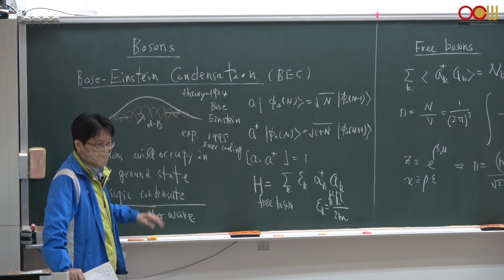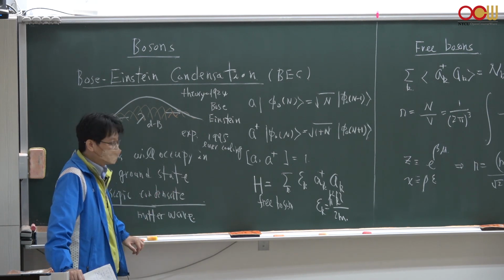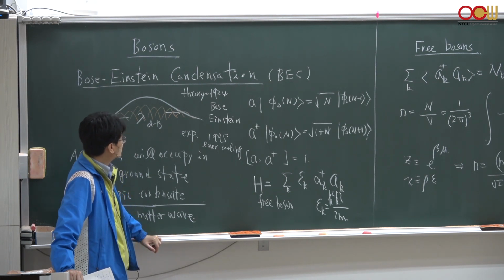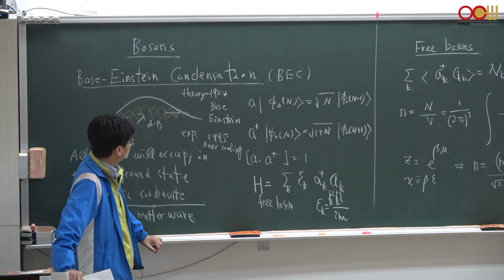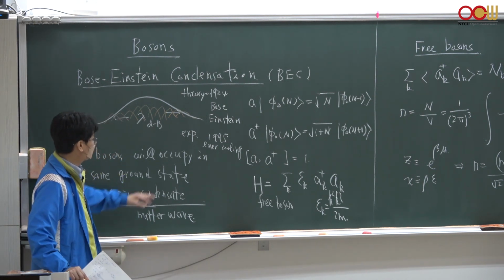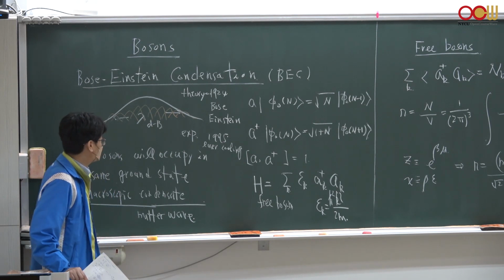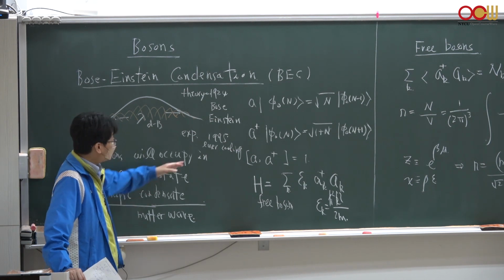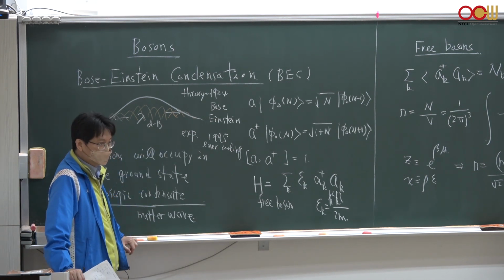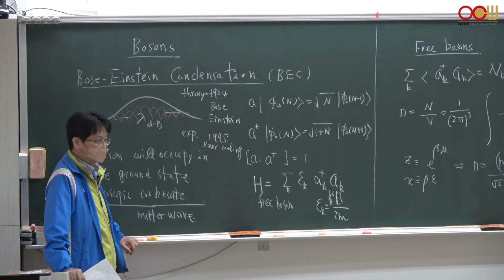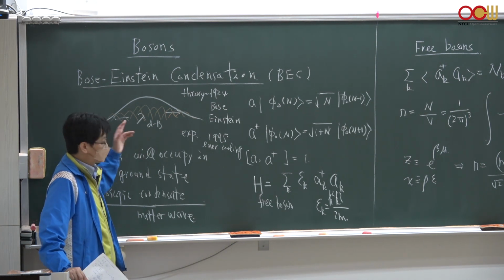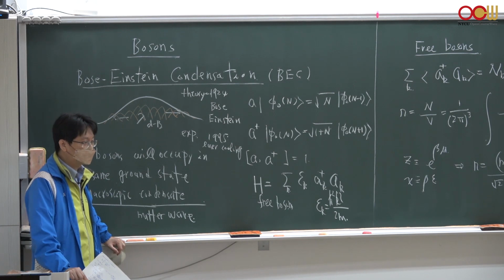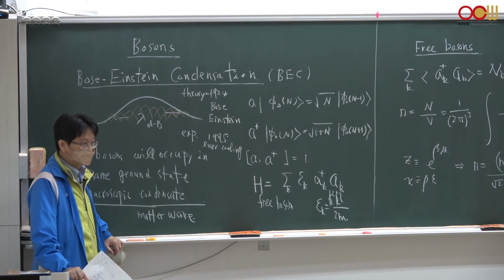But much later, over about 70 years later, in 1995, experimentalists at MIT and in Colorado used a laser cooling technique to cool down to the lowest temperature they could reach, almost zero temperature, and they really found such accumulations of bosons in the ground state.